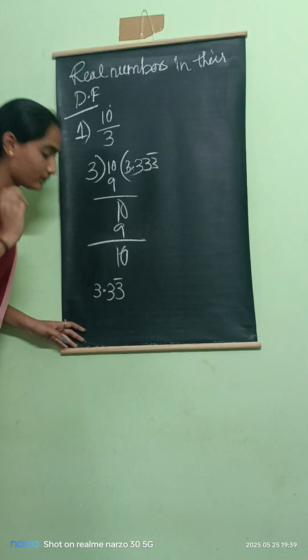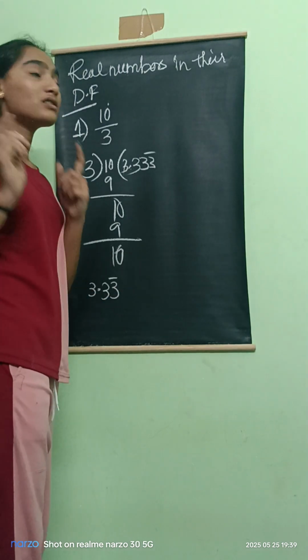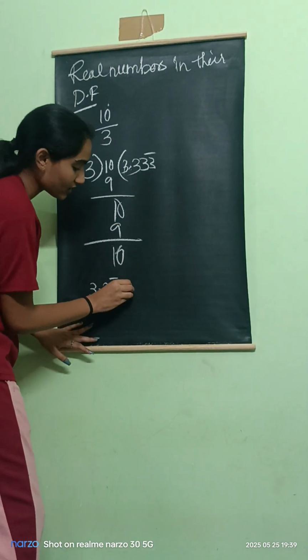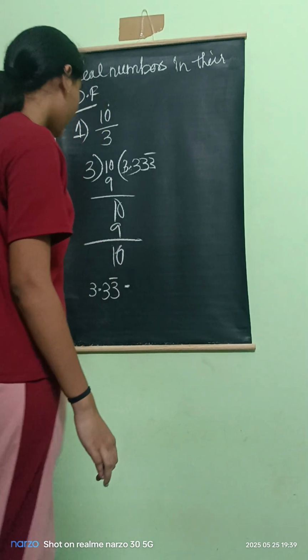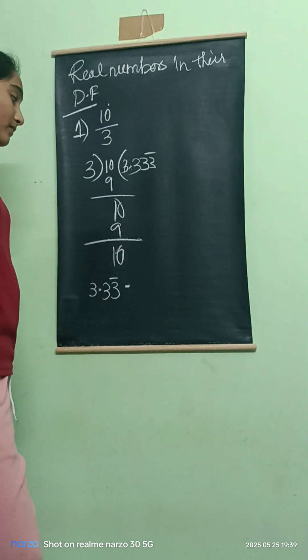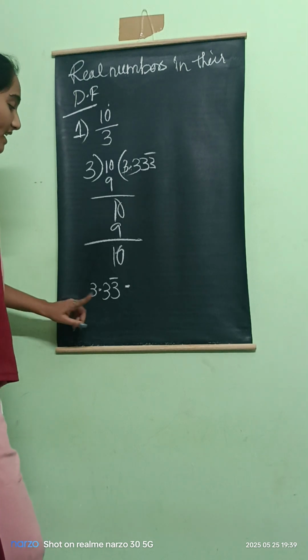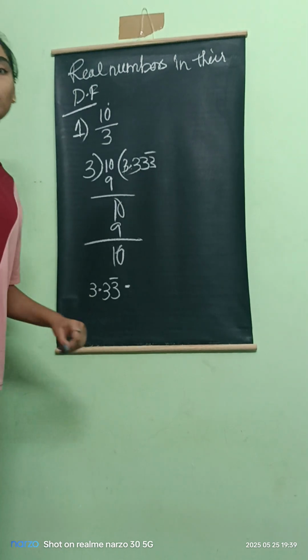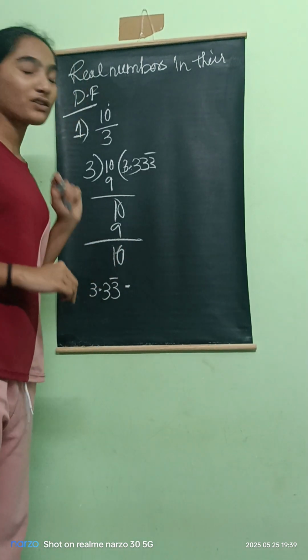3.33 bar. So yes, could you match the term which is equal to this from the 4 terms we have discussed earlier? Guess the answer for some time. Is it repeating or non-repeating? Yes, it is repeating because the bar is kept on the number 3.